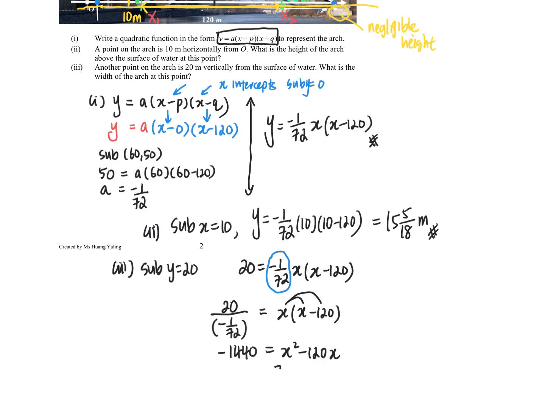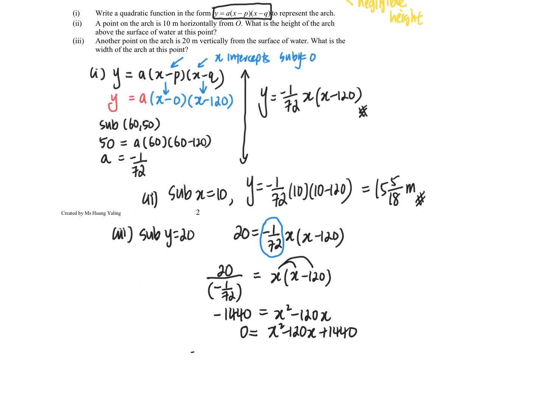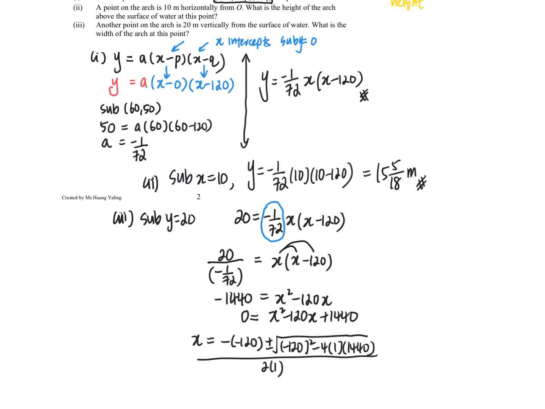Okay, then you end off with a quadratic. You can use whatever method to solve. So if you use your quadratic equation formula, which can solve anything, you will have 2 solutions.